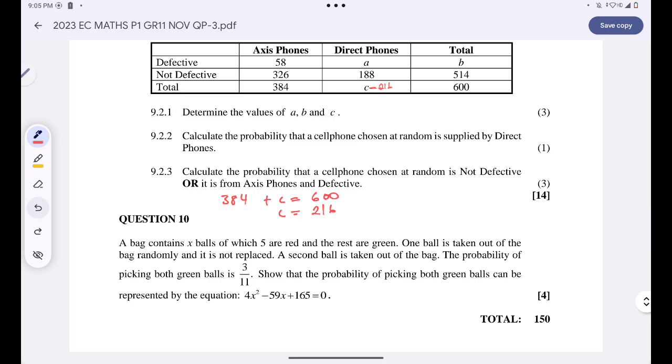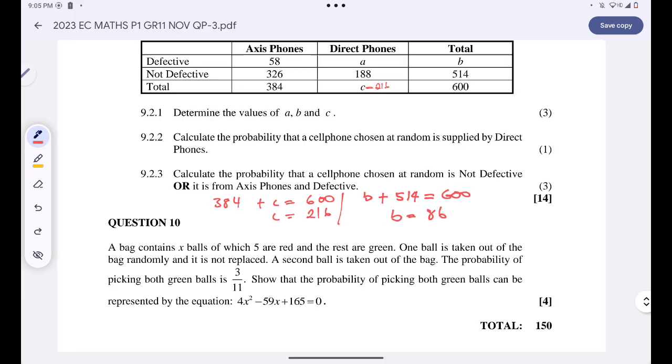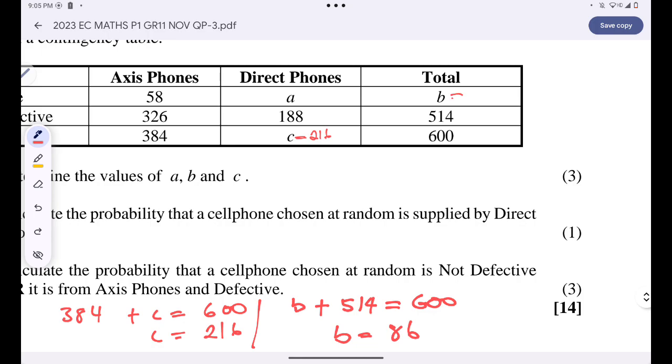Let us find B now. The total number of defective phones, which is B, plus the total number of non-defective phones must give us the total number of phones. So B will be equal to 600 minus 514. This will give us 86 phones. That means the value of B is just 86.